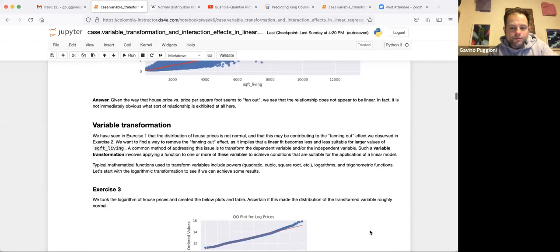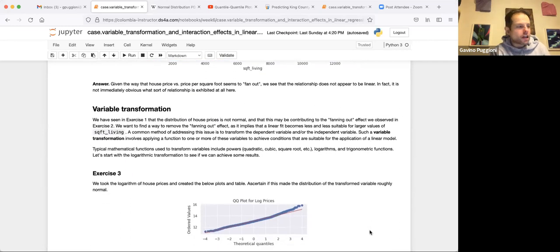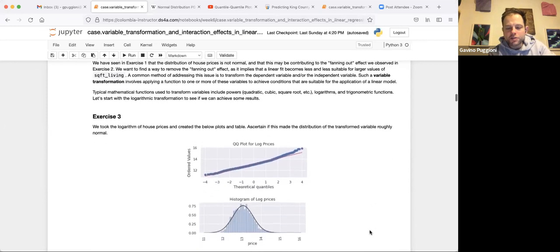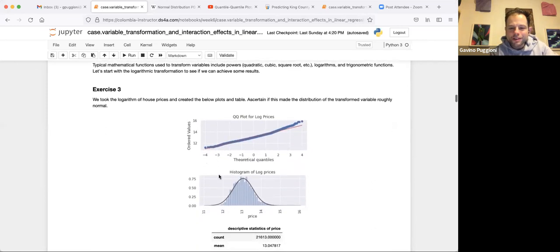Now, we took the log of the house prices and we created the plot below and the table. So what do you think? Did we improve on our previous situation? This is the distribution of the prices now. We are going to discuss how to interpret the results of the linear regression, so no worries about that.